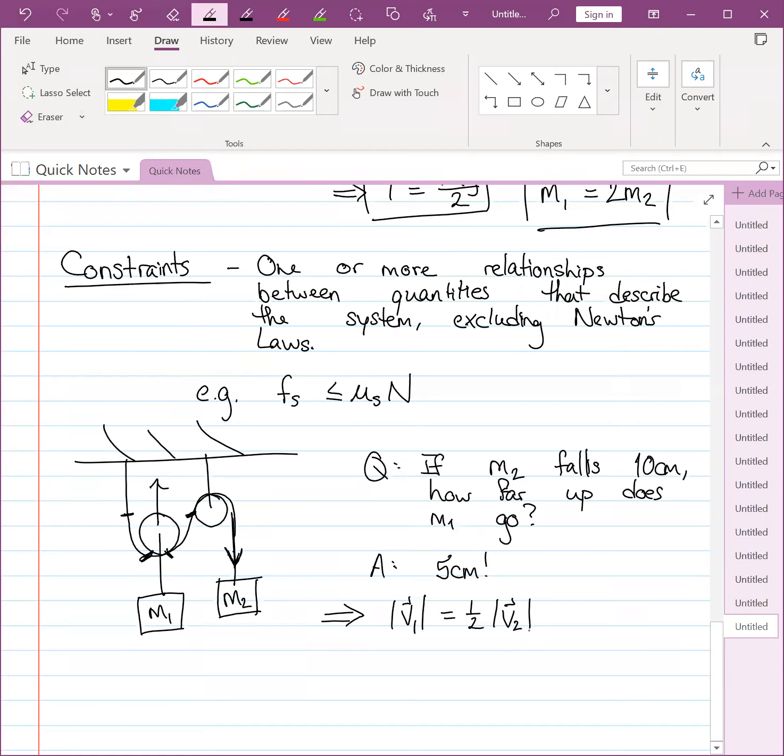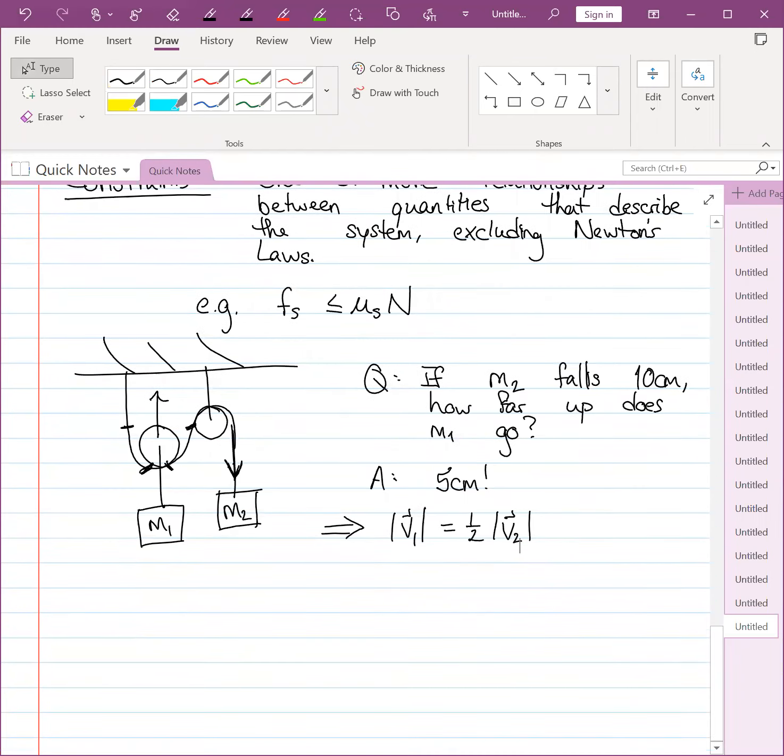So in the same second, the left block will raise 5 centimeters. Hence, we have a relationship between the velocities. And because the velocities are related that way, the changes in velocities are also related that way. And so what we end up with is a statement that the accelerations are also related by a factor of 1/2. So this is a useful equation.